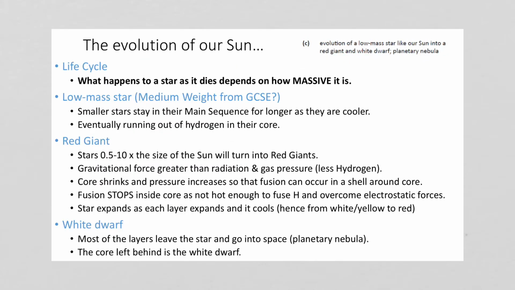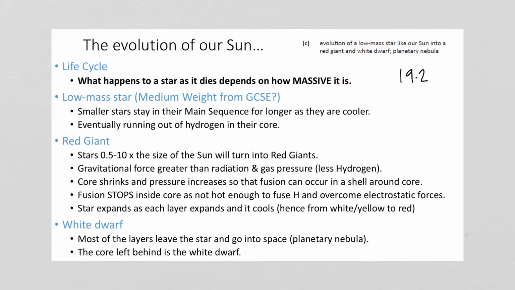So in your book or on Caboodle, this is now chapter 19.2, the life cycle of a star. So we mentioned how they're born, and what we now need to do is talk about how it ends. And there are different methods, or different paths, I guess, of which way a star will go, and that all depends on how massive it is.